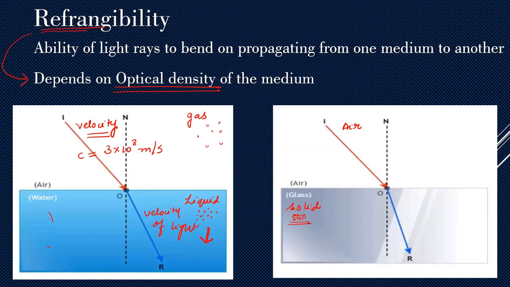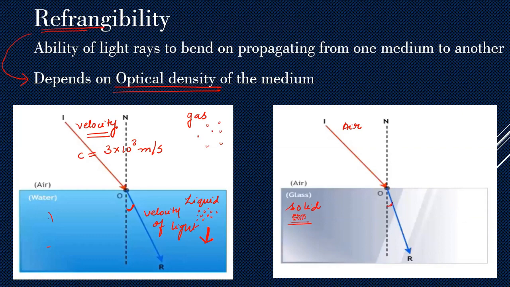On comparison with water, solid glass or any solid medium is more optically dense. So will the bending be more in water or more in glass? The bending will be more in glass because the optical density of a solid is greater than that of liquids. If you see the angle of refraction here, for example, if this is 40 degrees, the angle of refraction would be around 25 to 30 degrees.